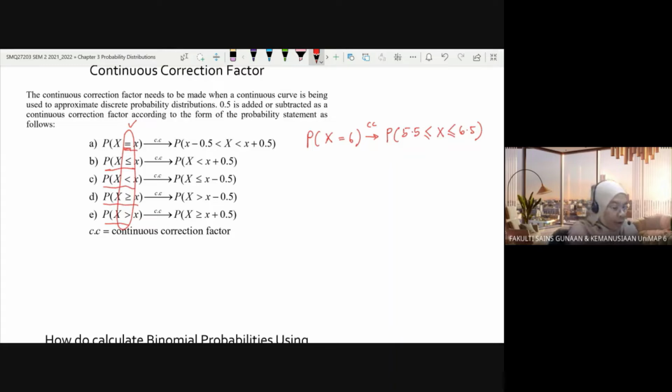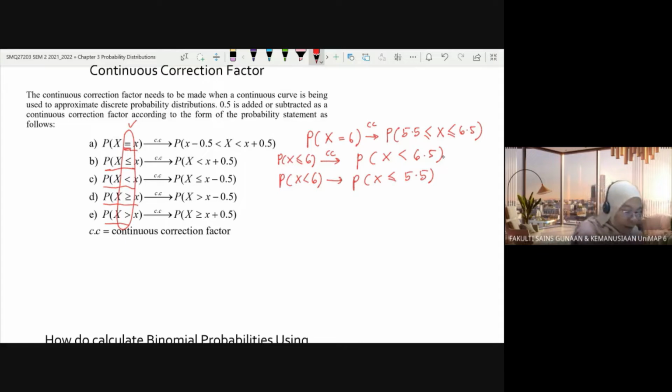So what if you have P(X less than or equal to 6)? This becomes P(X less than 6.5). What if you have P(X less than 6)? This becomes P(X less than or equal to 5.5).